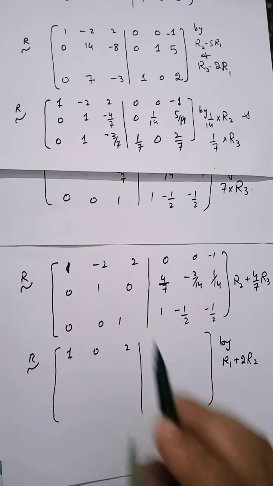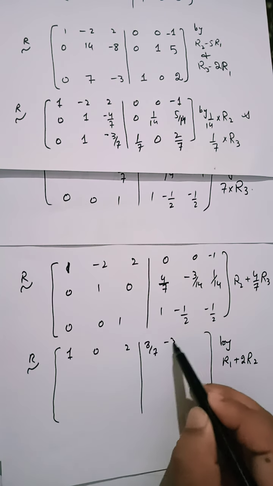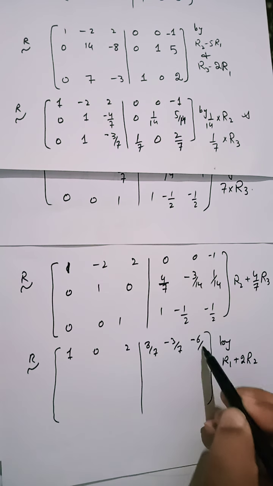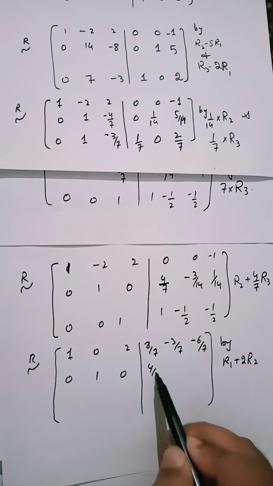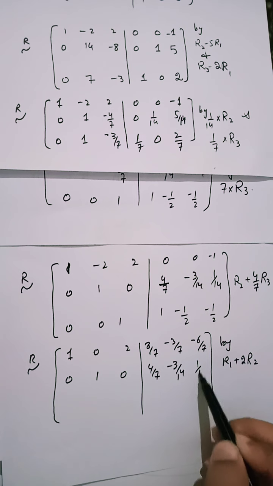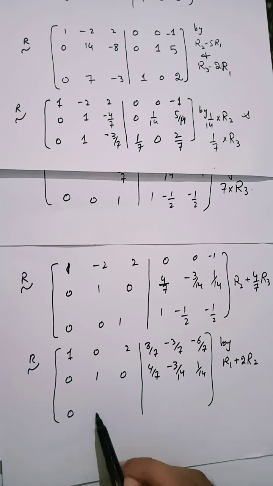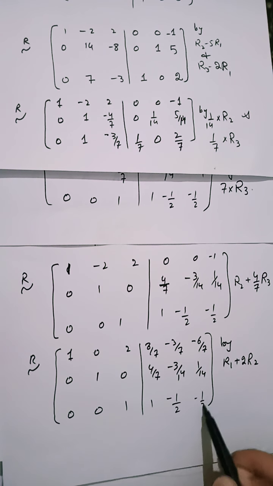That will become 0. And here you will get 8 by 7 minus 3 by 7 minus 6 by 7, 0 1 0, 4 by 7 minus 3 by 14, this will be 1 by 14, 0 0 1 1 minus 1 by 2 minus 1 by 2.